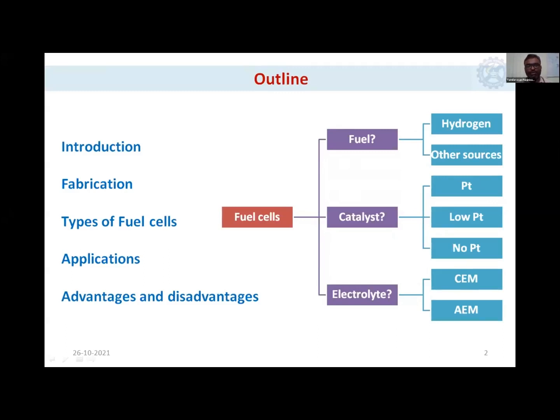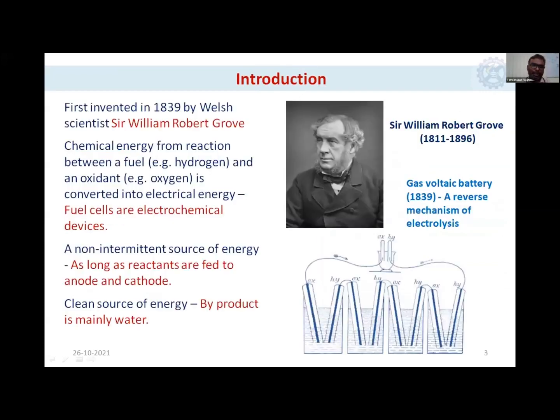Sometimes you also see in the literature cation exchange membrane and anion exchange membrane. I am just putting it in a broader perspective. In this whole presentation, I'll touch some or most of these aspects. You can stop me at any point if you want some clarifications in my presentation.